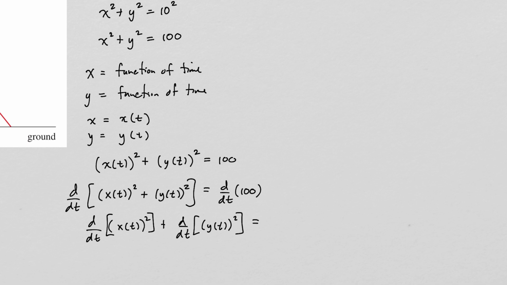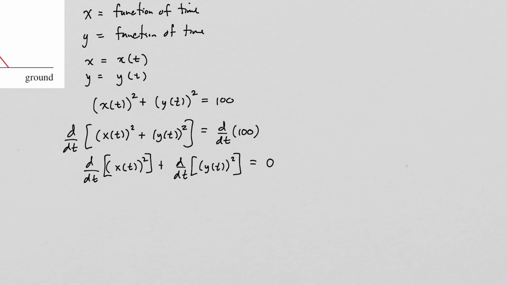And on the right-hand side, let's go ahead and compute this derivative. We know the derivative of a constant with respect to any variable is always equal to 0. Now, what is this derivative here? We have the derivative of some function of time.